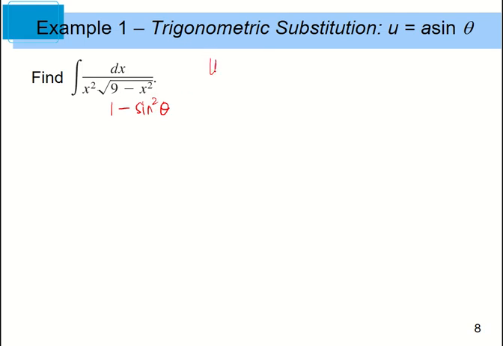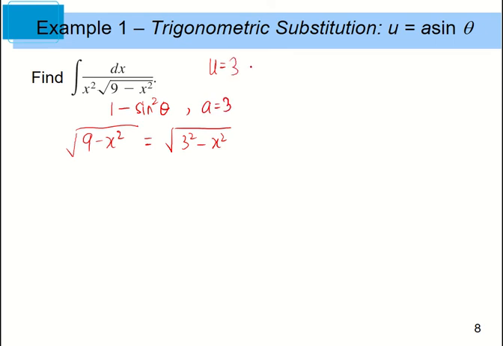What is the a? This is in the form of 3 square minus x squared, so the a is 3.